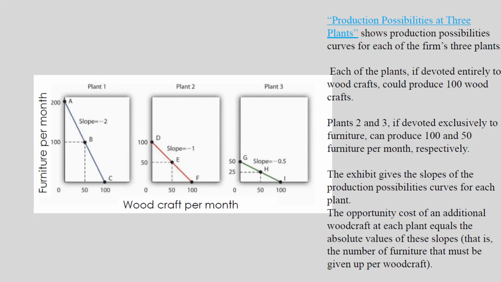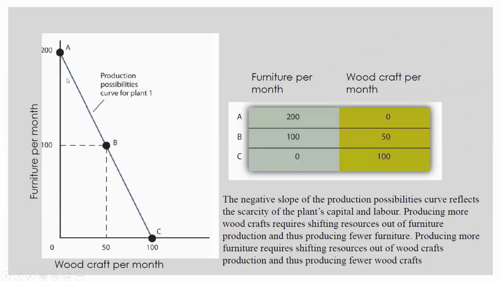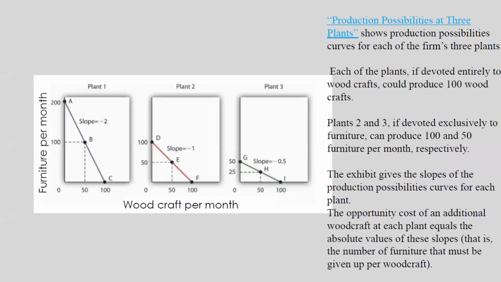Yes, Sanjay. Okay. So starting with the common curve, this is the curve for all 3 plants together. And to elaborate further, we can have the production possibility curve for all the 3 plants separately.